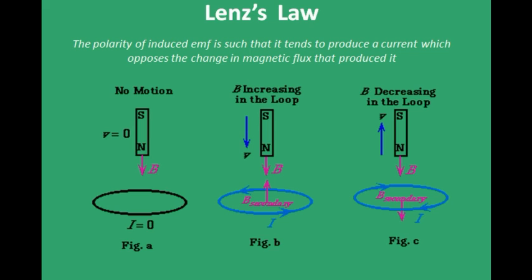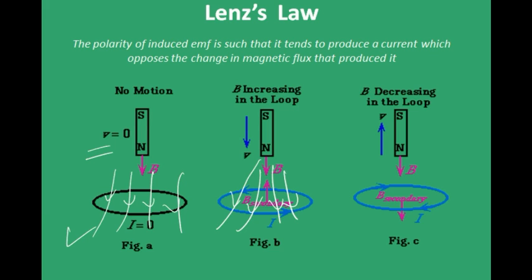Got it? Now take this example. When V is 0, when you don't move the magnet, there will be some magnetic flux through it, but it's not changing. So here no EMF is induced. When you move the north pole of this magnet towards this coil, what happens? The magnetic field is increasing.